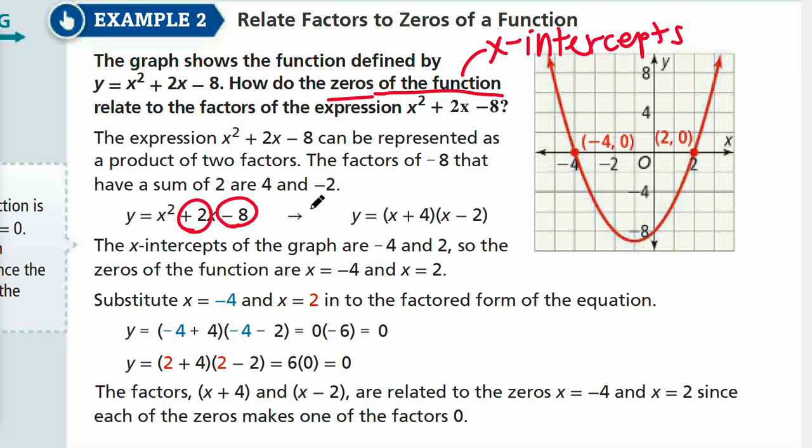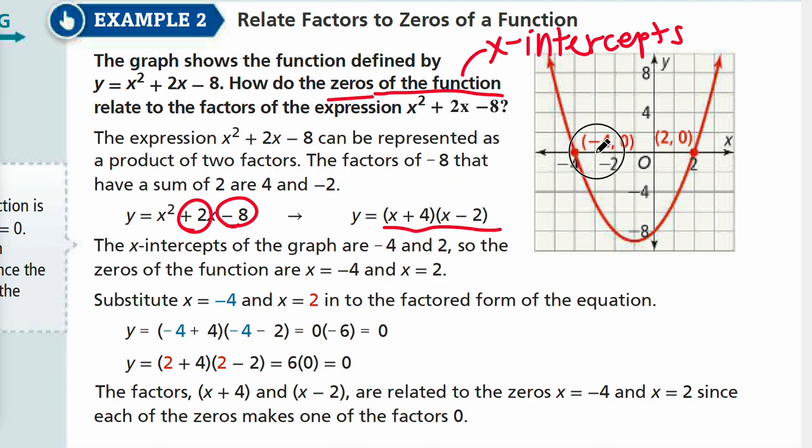So we have many factors, right? For 8, 1 and 8, 2 and 4, but one of them has to be negative. So positive 4 and negative 2 will be multiplied to make negative 8, and if they are added up, they would be positive 2. So it's going to be x plus 4 and x minus 2 in the factored form.